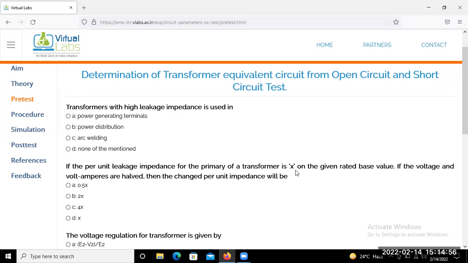So new is how much? Half. Before, suppose it was A, and now half value is A by 2. So put in this formula, then you get the value of this one. Okay.